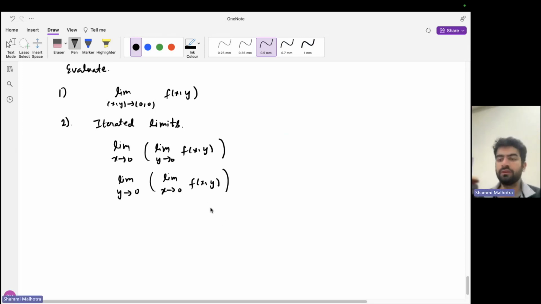One thing which we have seen in our multivariate calculus course is that whenever the double limit exists, this will imply the iterated limit exists and they are equal. But there is one more condition which we have considered, that we also assume that the iterated limit has to exist beforehand. Otherwise, we cannot say that the iterated limit exists. This is one of the examples which explores this idea.